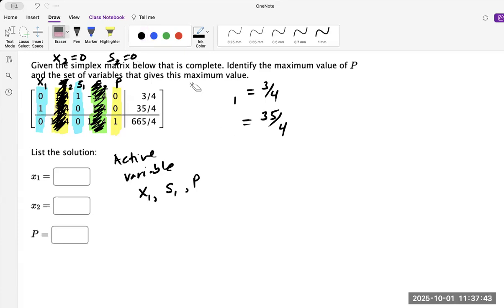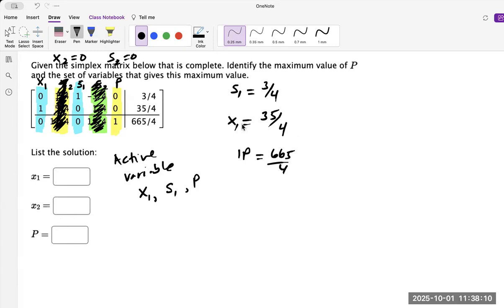So I can take those 1s out of the front. So S sub 1 and x sub 1, those are the answers. And then the last one, I'm ignoring all the other zeros because it's just going to be 0 times that number. I just look for the 1, and I can say 1P is equal to 665/4.